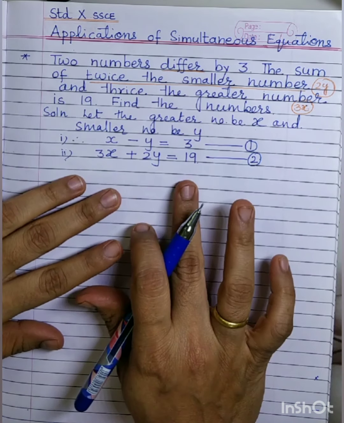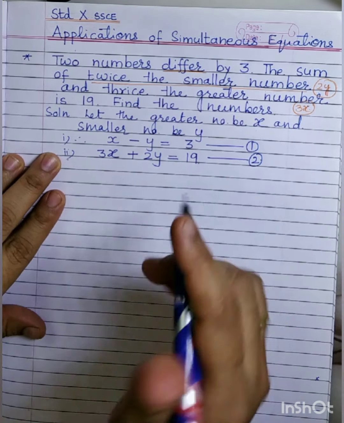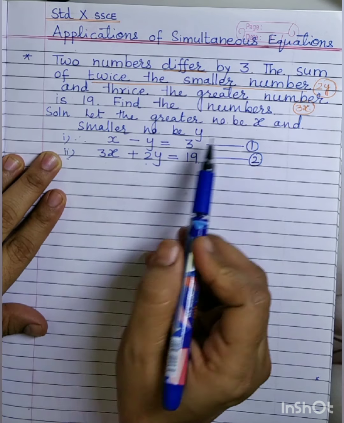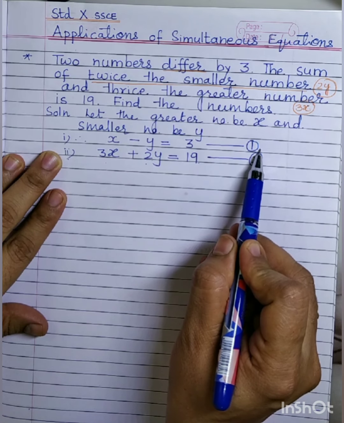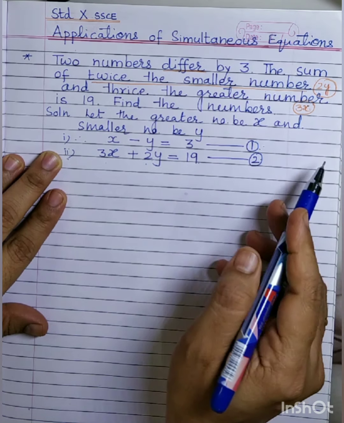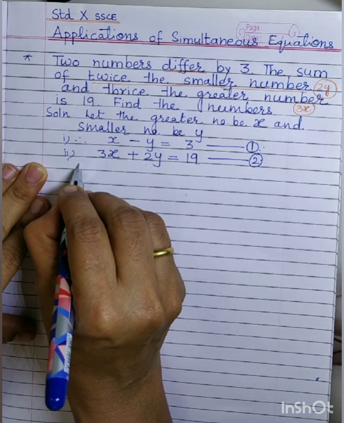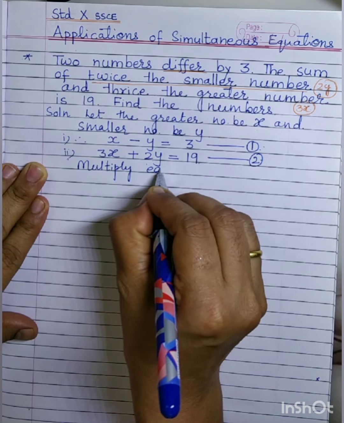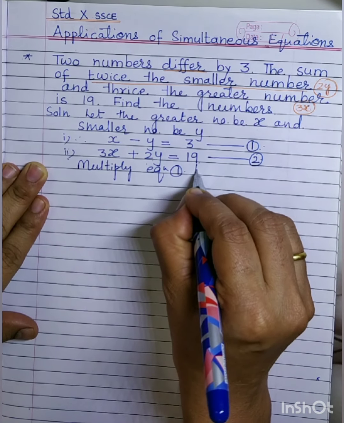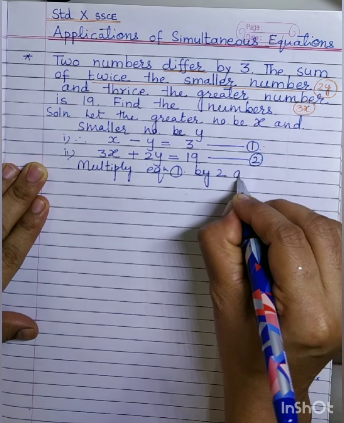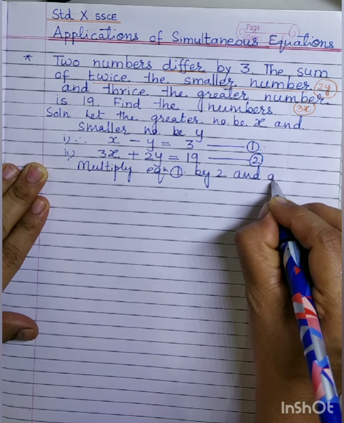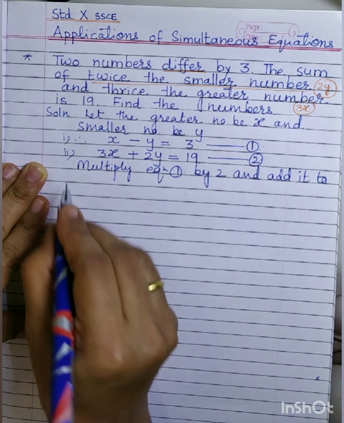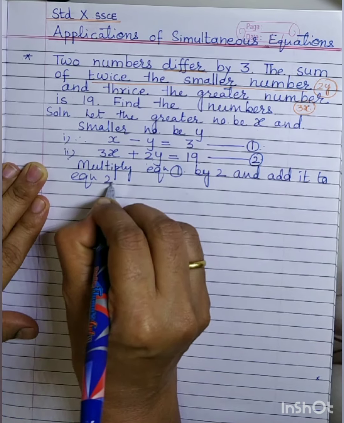Any method you can use, but we always use the elimination method here by equating the coefficients. So 3x, minus y, 2y. You can understand that simply multiplying equation 1 by 2 will help us. So what we are going to do next is multiply equation 1 by 2 and add it to equation 2.